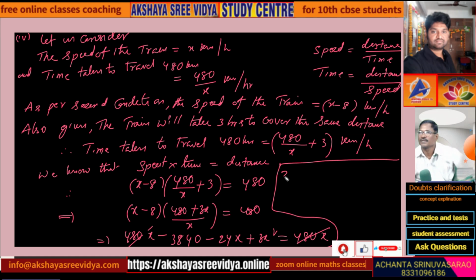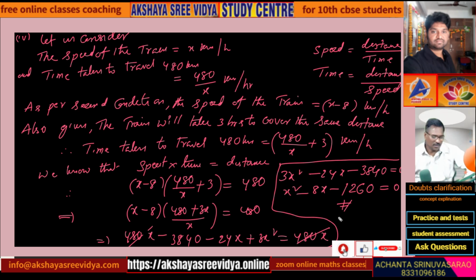Plus 3x square minus 24x minus 3840 is equal to 0. x square minus 8x minus 1260 is equal to 0.